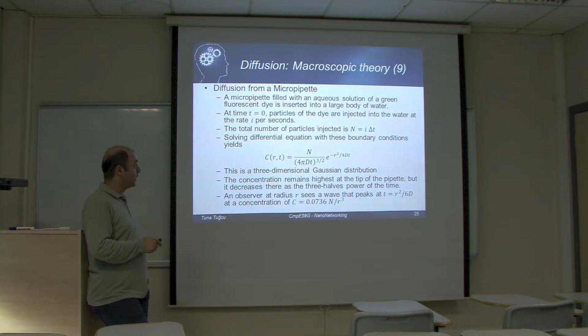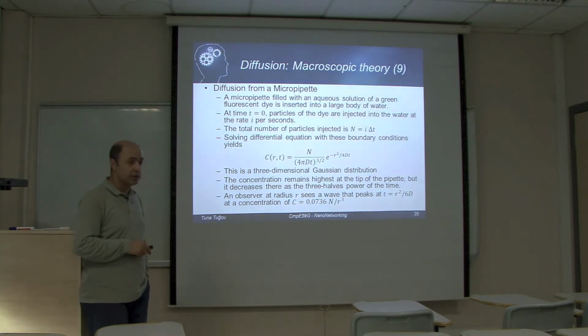The total number of particles injected would be I times delta t in time steps of delta t. And solving the differential equation with these boundary conditions would give you this concentration formula, the concentration at a distance of r at time t.